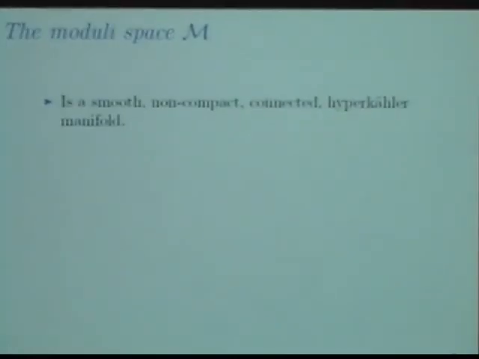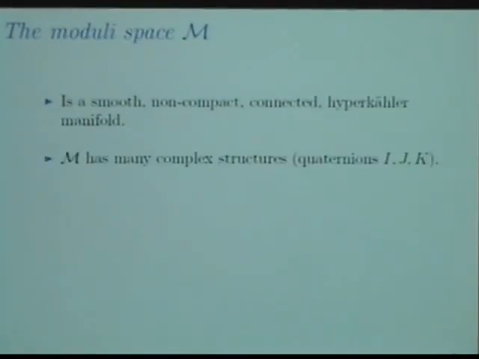So this moduli space M is a smooth, non-compact, connected hyperkähler manifold. In very simple-minded terms, what it means is that it has several complex structures. So we can label them by I, J, and K, which satisfy the usual quaternion relations.